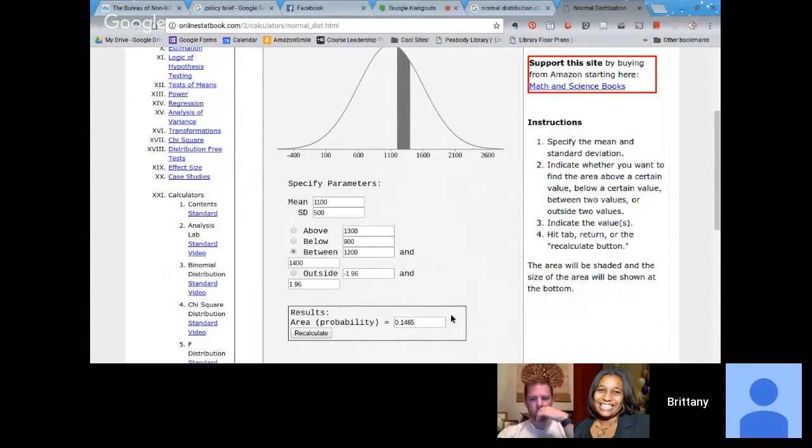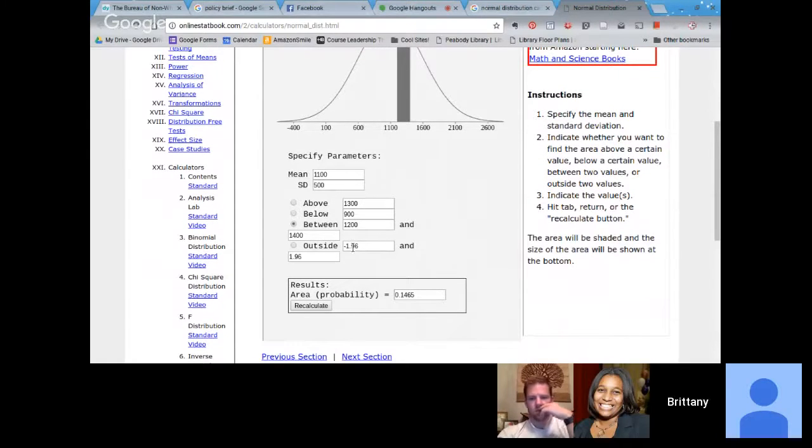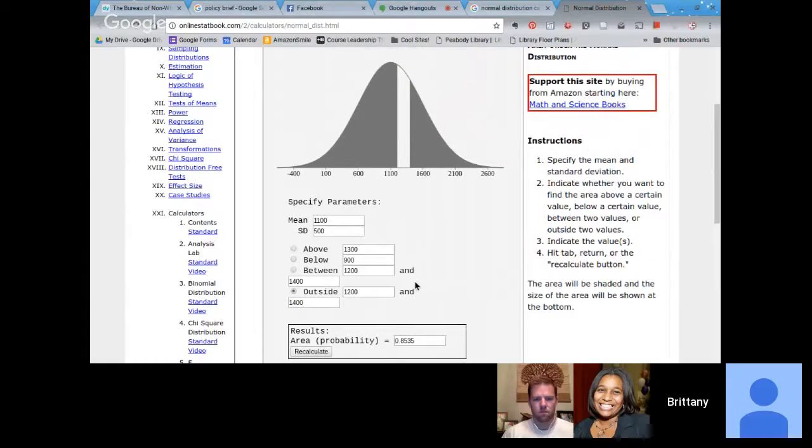And that's that. This one also will tell us outside. So what percent of students scored outside the values that we put in, and we can find that probability. Okay. About 85% of students scored outside of 1200 to 1400.